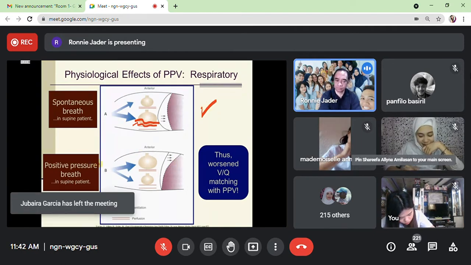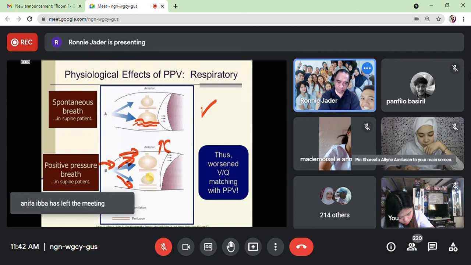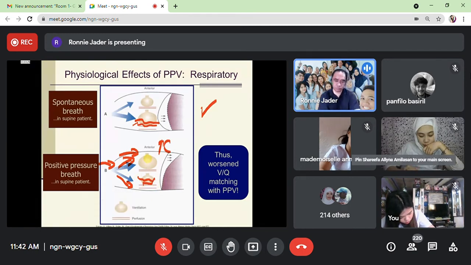When we push the air in, instead of it going to those lower regions here, its focus is to these upper regions because they have higher compliance. It's just easier. These ones are engorged, they've got blood circulating all around them. And so the ventilation tends to go to these upper apices with very poor perfusion. So the result of that, we get V/Q mismatching. All right, so the infamous V/Q mismatch. That means we need more minute ventilation to get the same PaCO2.